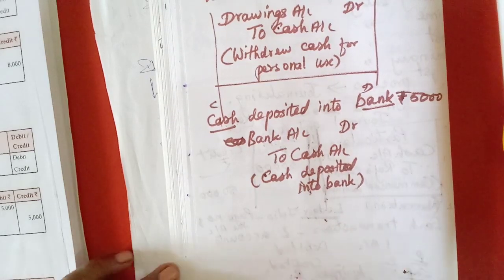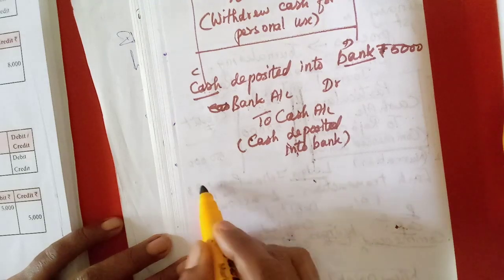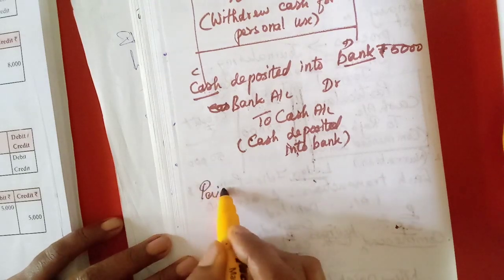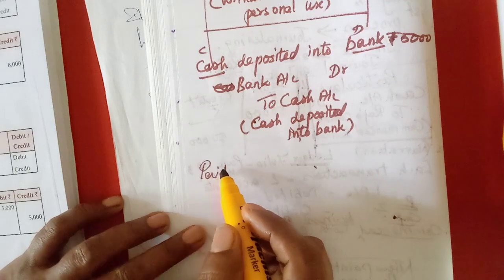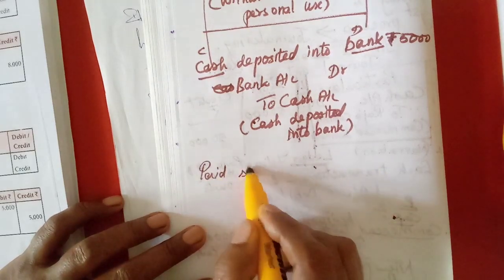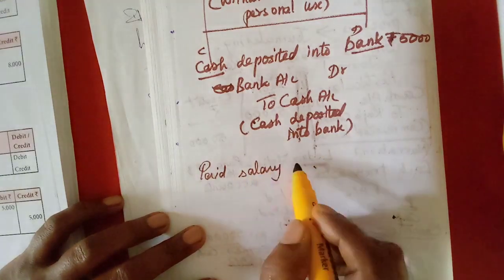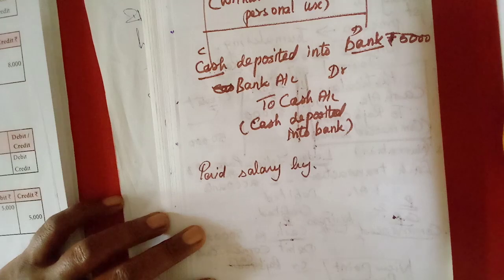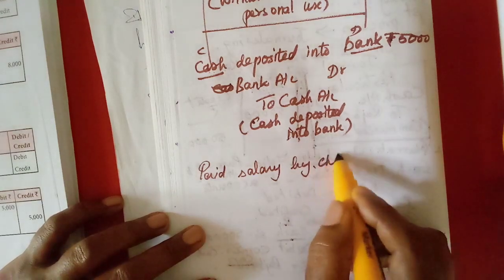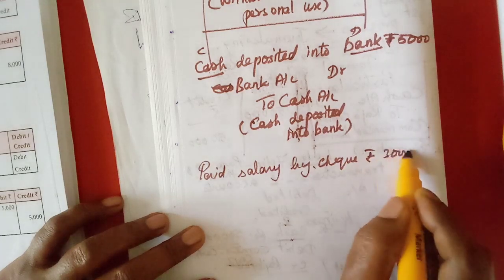Then paid salary by check, rupees 3,000. I think you are following my teaching, yes or no?